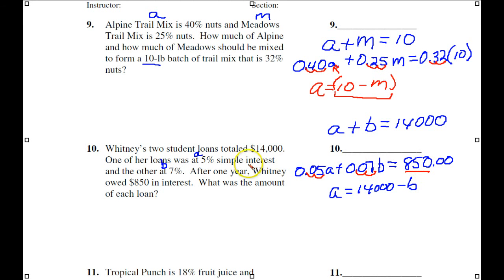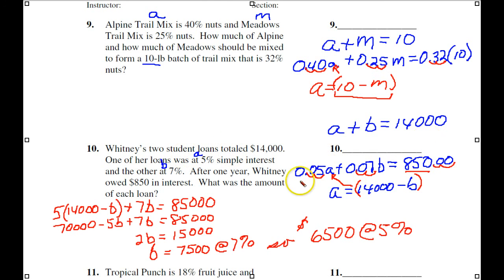Now here I had to add 2 zeros, so I could multiply this by 100 as well. Now I don't have decimals anymore. Now where I have the A, I'm going to put this. And in fact, I'm going to do this one for you.